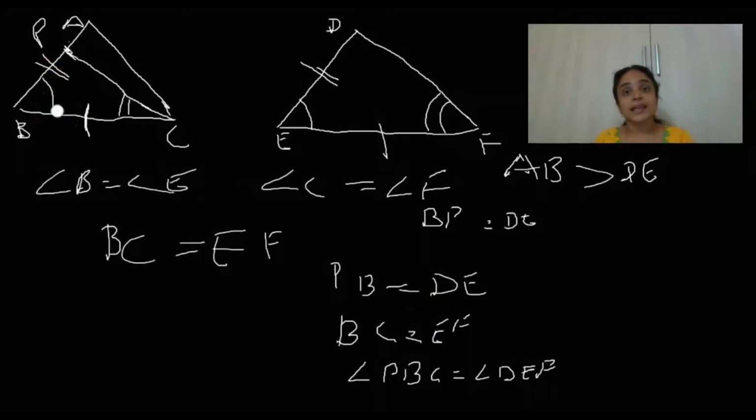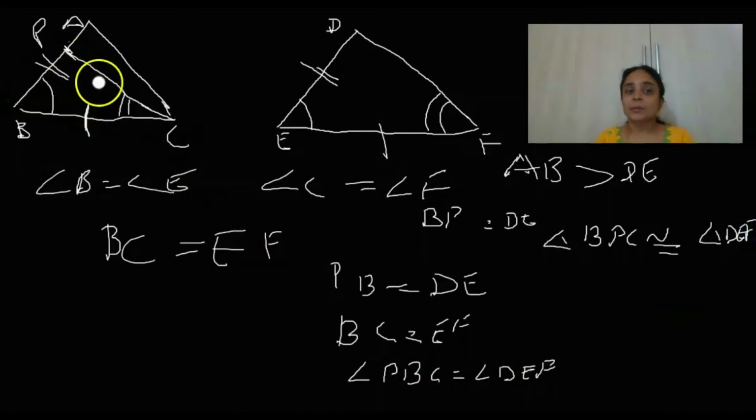That is the SAS property, and from this we can say that triangle BPC is congruent to triangle DEF.